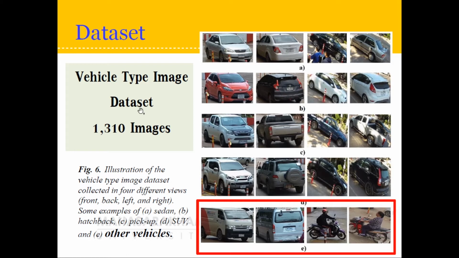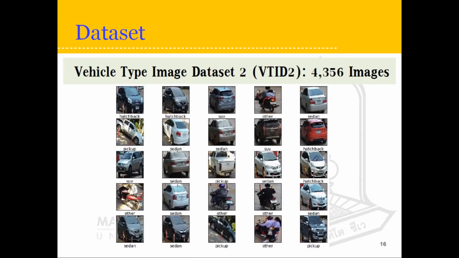The first dataset has 1310 images with 5 classes of vehicle type, including sedan, hatchback, pickup, SUV, and finally, unfortunately we could not collect enough data on the van vehicle, so we include another type of vehicle such as motorcycle in this 5th class and rename it to other vehicle. That first dataset is used for testing the effect of small-size data.